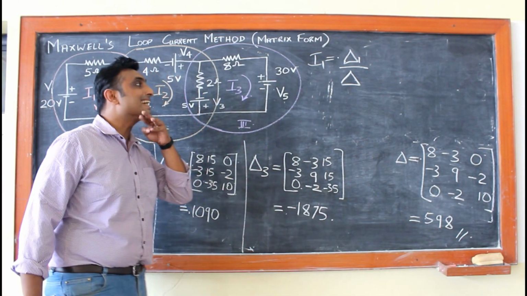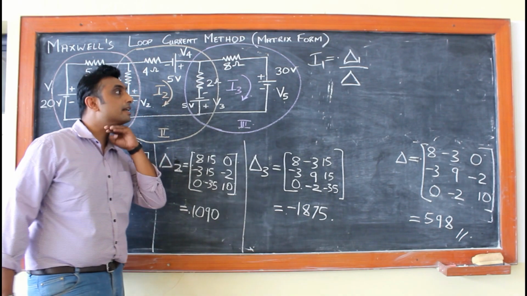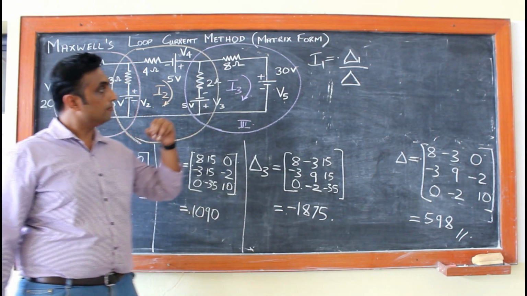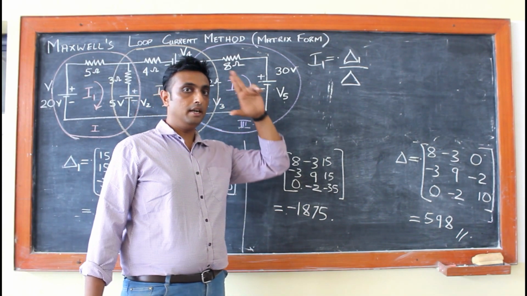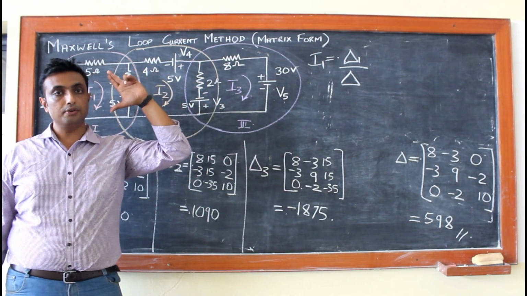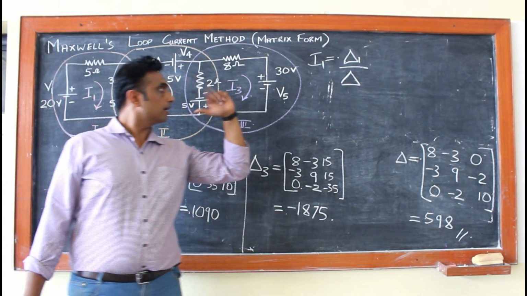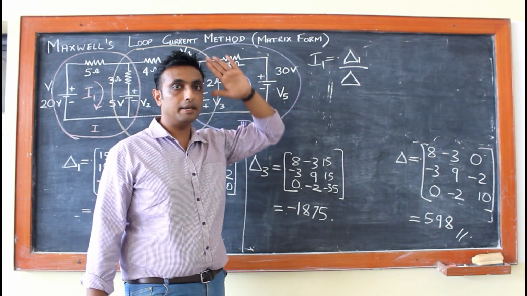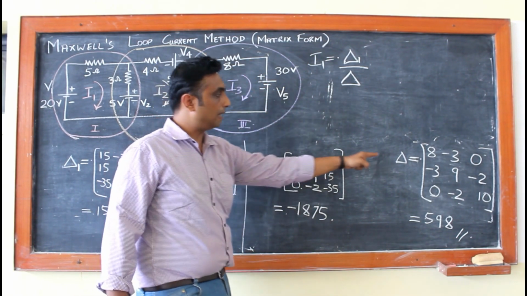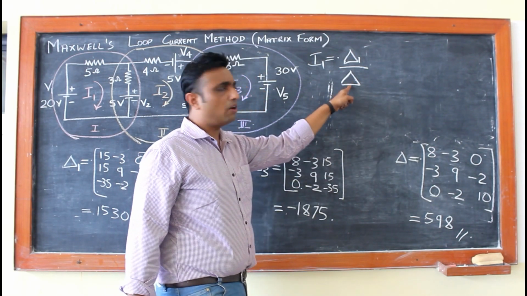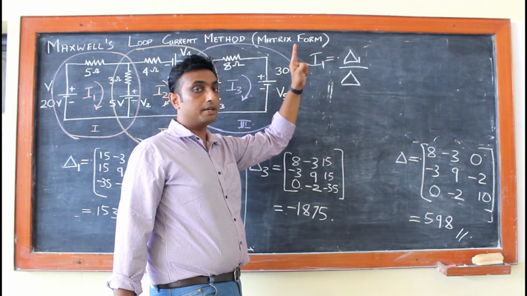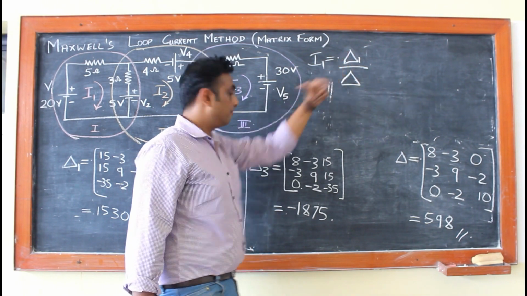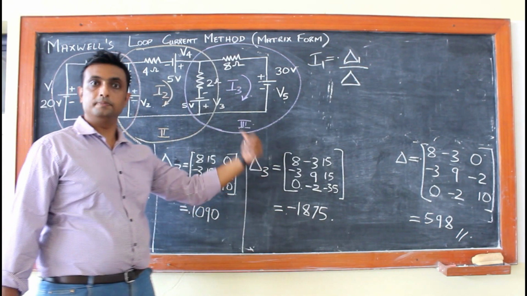If in case in the exam time you tend to forget, you can always keep this theory in mind: V equals I into R. So I will be V divided by R. Your resistance matrix is your delta, so your delta will always be in your denominator. Delta 1 will be your voltage.